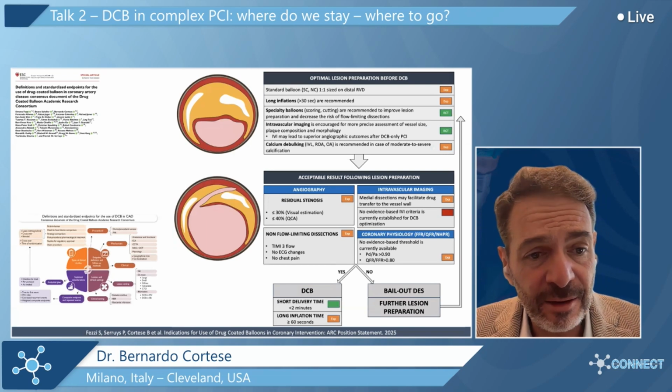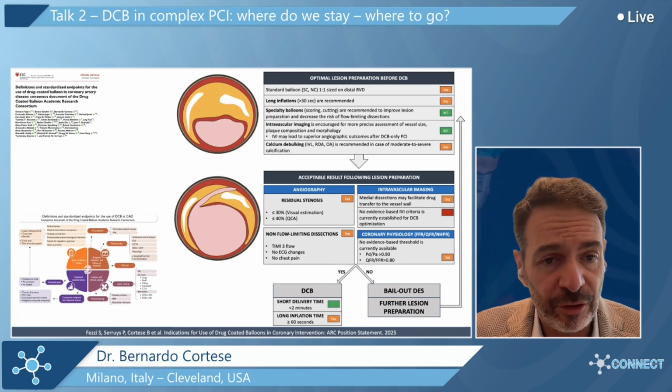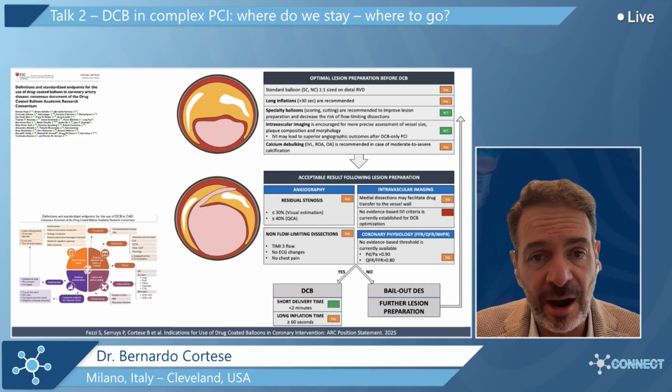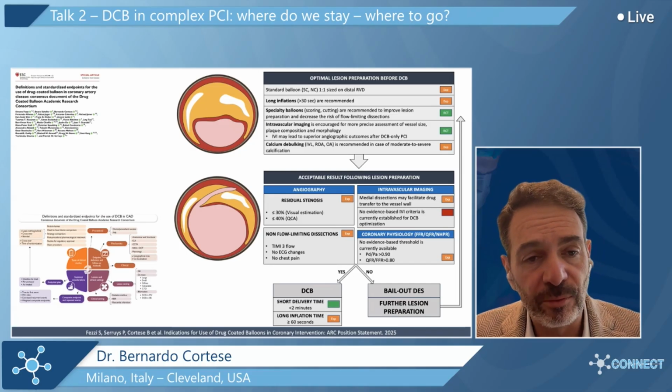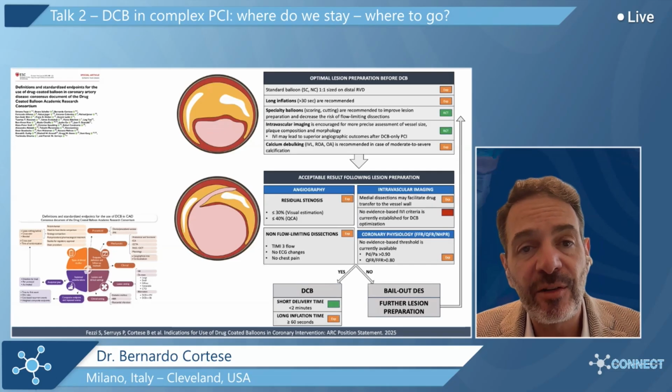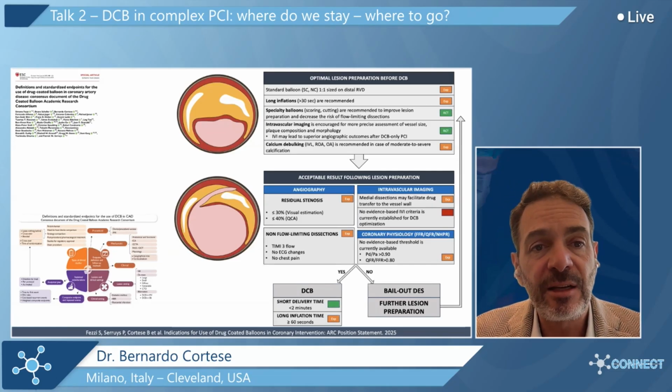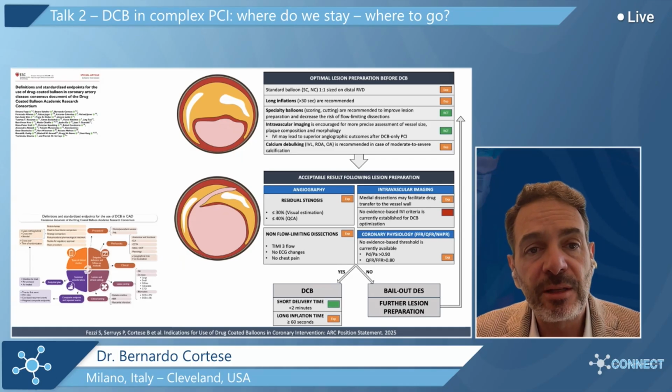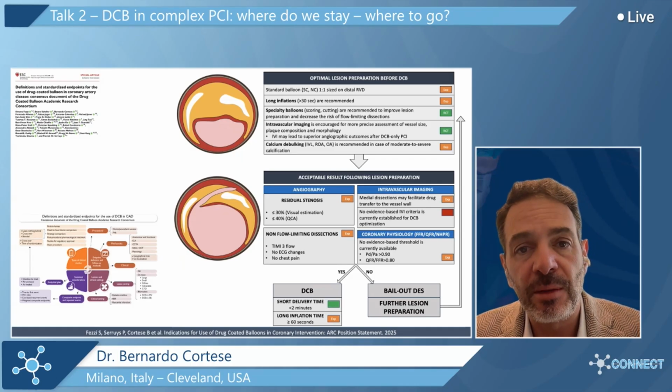And last year, we had, for the first time, the publication of the DCB ARC, trying to achieve dual aims, let's say. So one is to increase the scientific relevance of DCB by dictating which are the endpoints and how the studies on DCB should be performed.